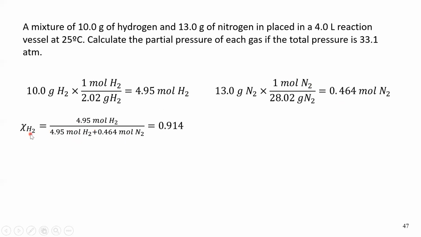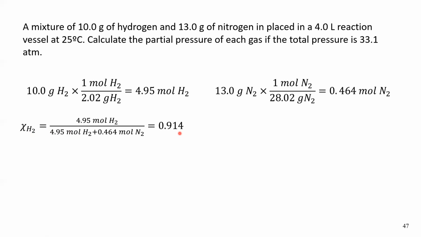So the mole fraction of hydrogen in our mixture is 0.914. It means that hydrogen is 91.4% of the gas mixture, but we just leave it as a decimal because we're going to have to use it in that form anyway later on in the problem. So the mole fraction of hydrogen is 0.914, and there are no units that go along with that.